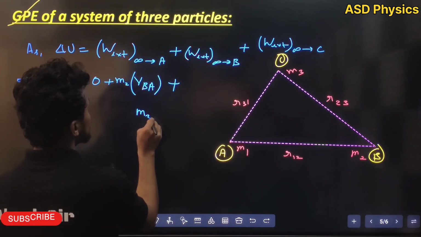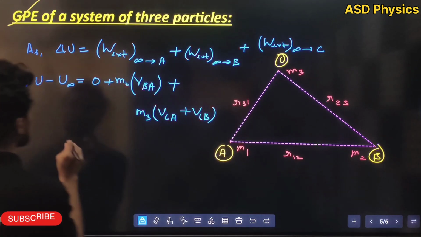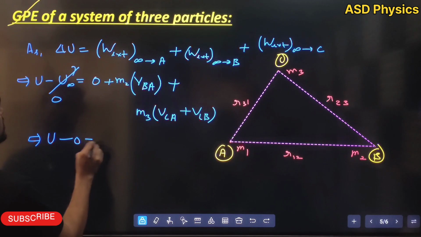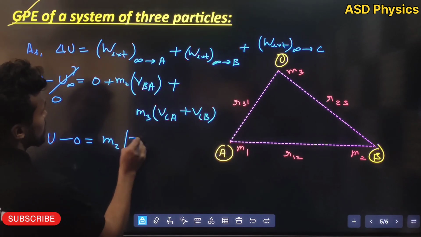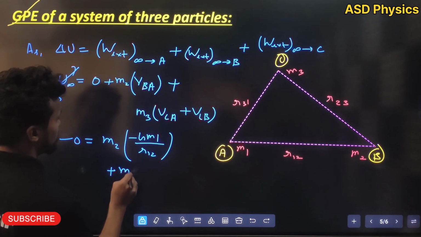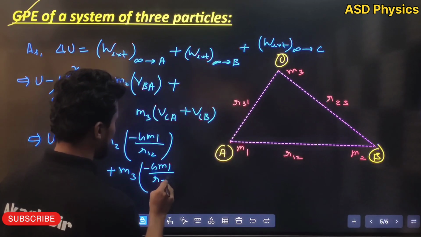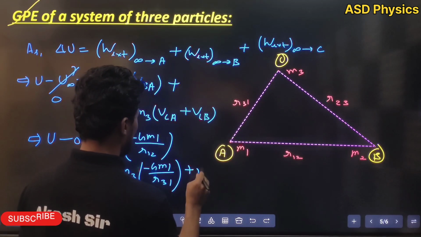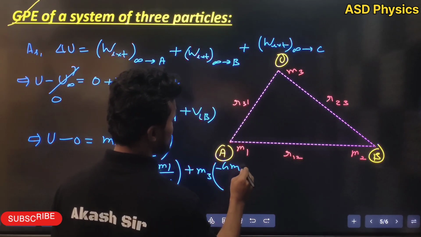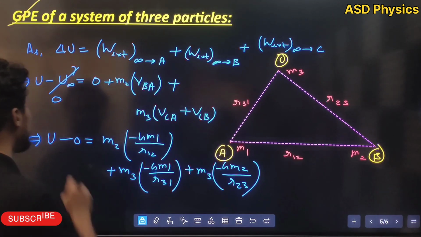So plus M3 times the potential at point C due to A plus the potential at point C due to B. U minus 0 equals M2 times minus G M1 by R12, plus M3 times minus G M1 by R31, plus M3 times minus G M2 by R23. Okay, so you just simplify this and you will get it.